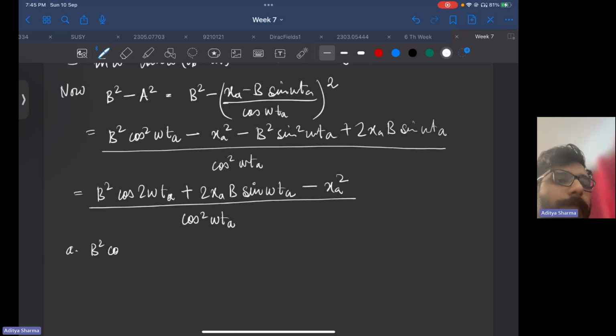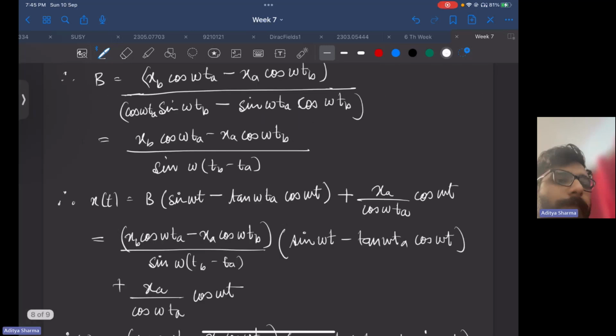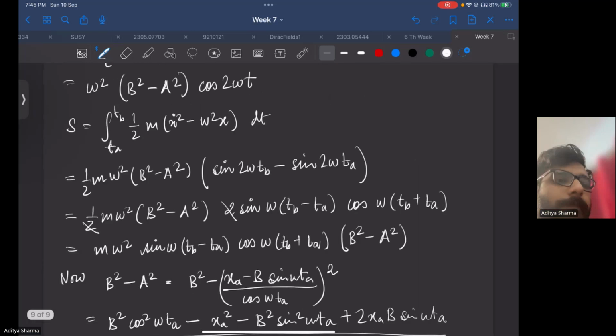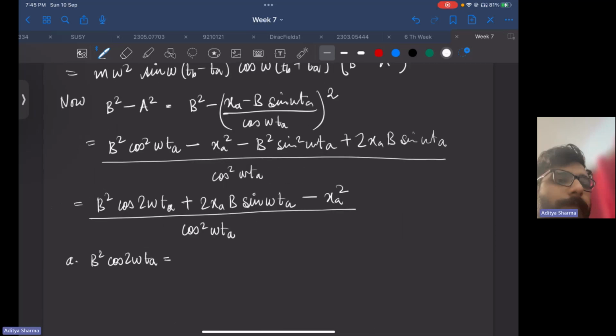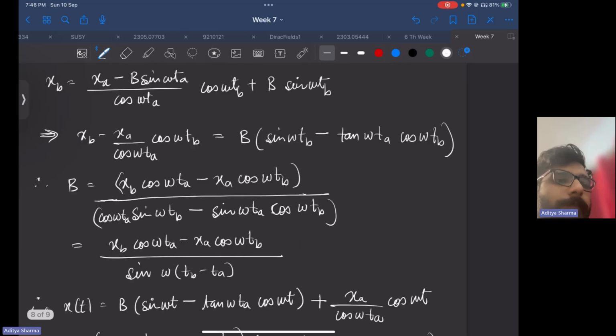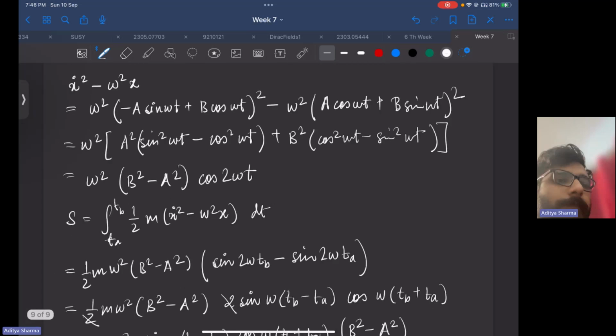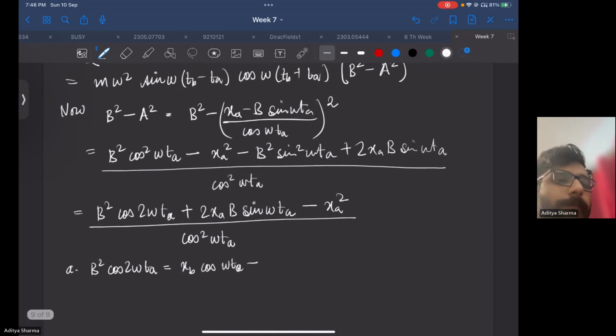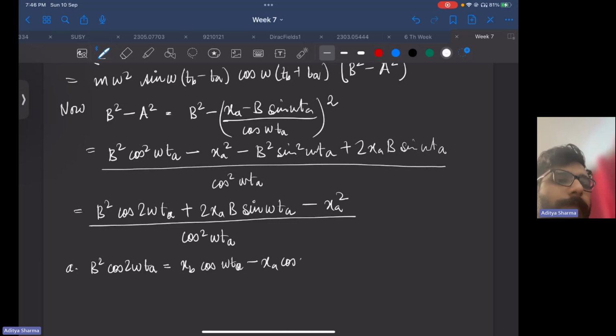B square cos 2 omega t is equal to xb cos omega t minus xa cos omega tb, whole square.